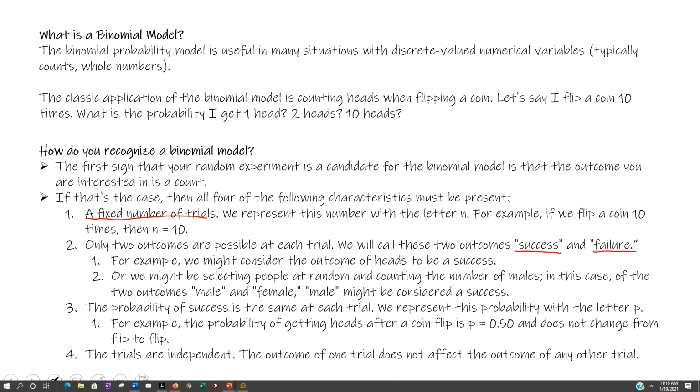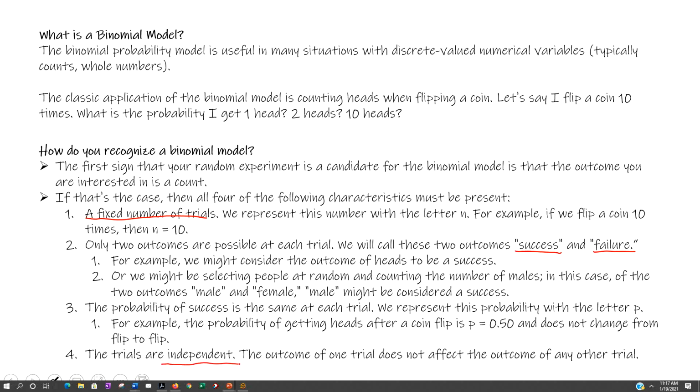The other thing you need to know is that the probability of the success is the same each time. Rolling a dice, it's always going to be 1/6 chance we're going to get a 3. There's always a 50-50 chance we're going to get a head when we flip a coin. So the probability does not change, which ties into the last one, that the trials are independent.